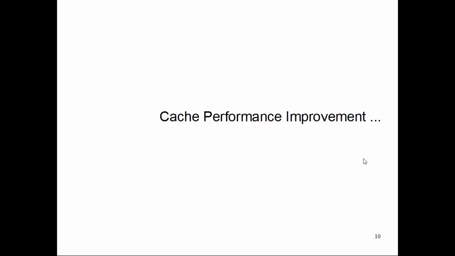Now let's look at some strategy on the cache performance improvement, especially by decreasing the miss rate. So we want to increase the hit rate somehow, because the penalty basically depends on the level of caches and what memory technology you're using and so forth.